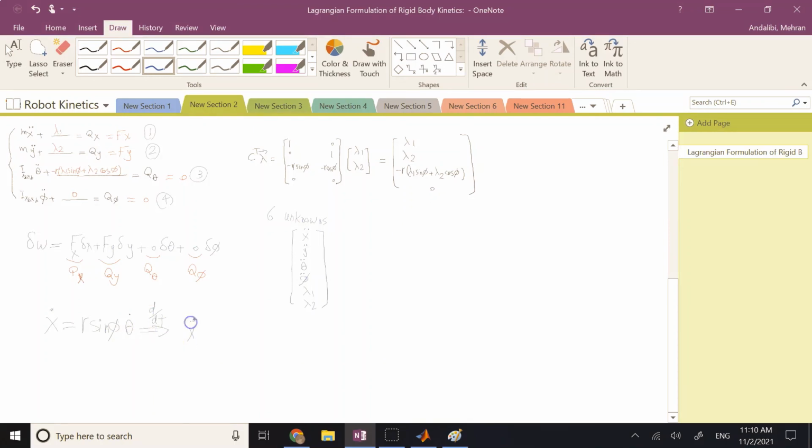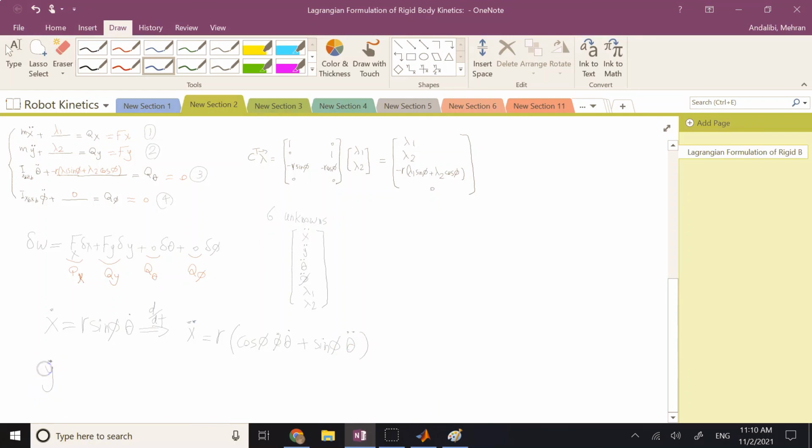Makes it x double dot equal to, r can come out. Here we use a chain rule, so it is going to be cosine of phi times phi dot theta dot, and then plus sine of phi times theta double dot.